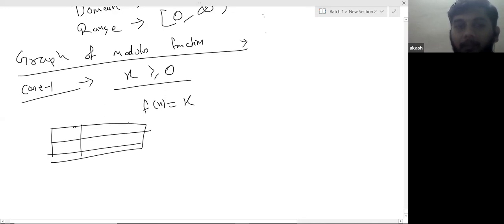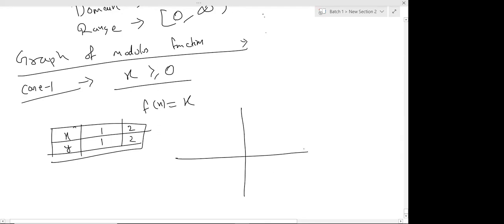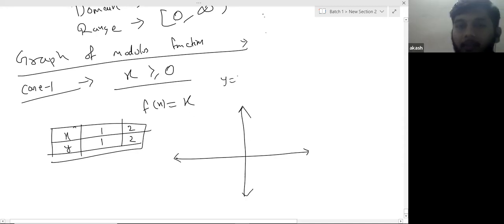Let's put x here, y. If I put x equals to 1, I'm getting y equals to 1. If I put x equals to 2, y is 2. So the graph will be a straight line. We can see this is y equals to x, a straight line passing through origin like this. All right, this is 45 degrees.